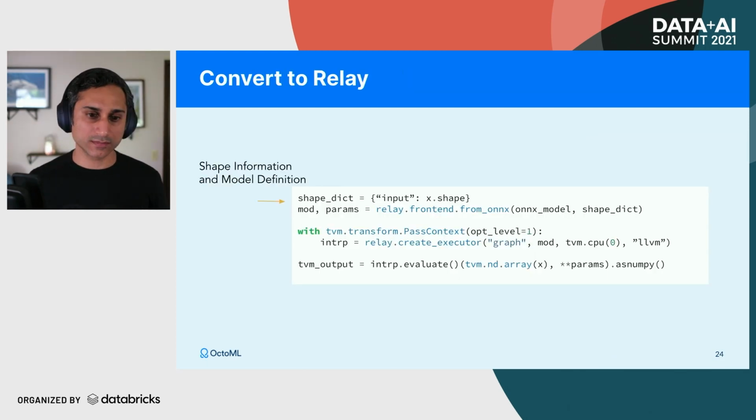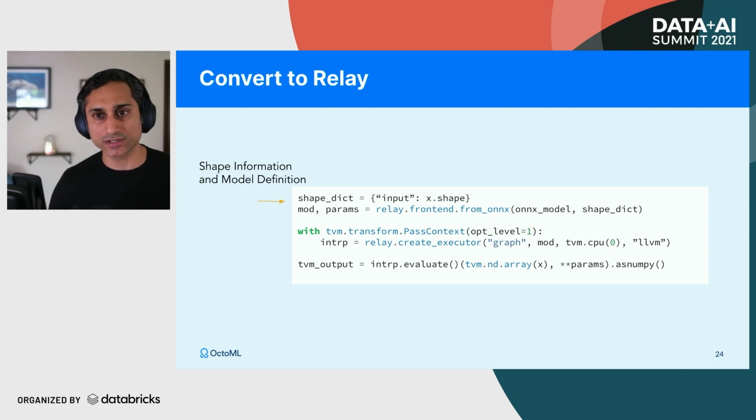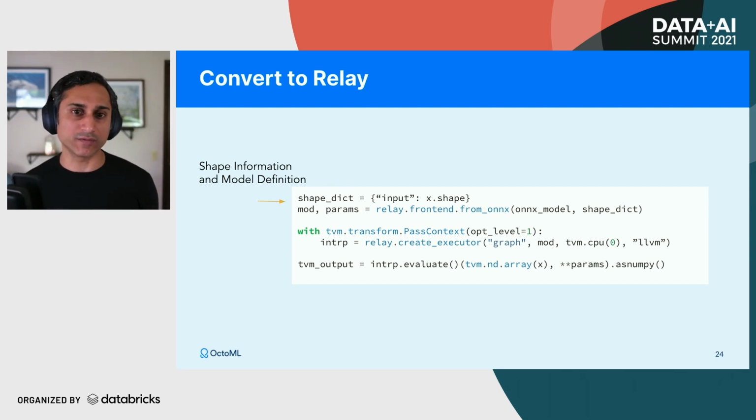Okay, so how do we do that? Today you provide a little metadata to TVM, like shape information and the model itself. Here we're loading an ONNX model from its serialized format into Python, and then converting this into source code in Relay with parameters. When we have those two things, we can compile and build an executor in one step to execute the TVM program.